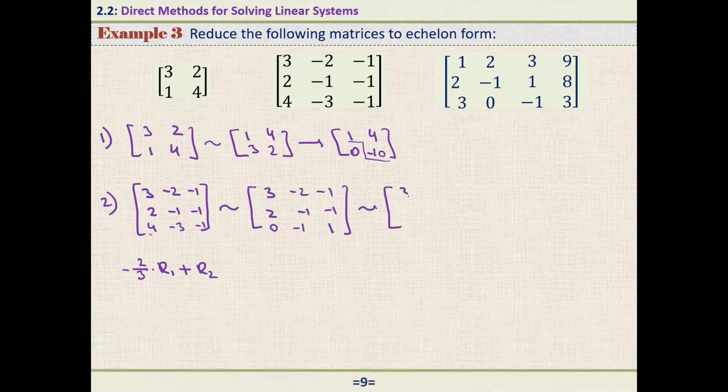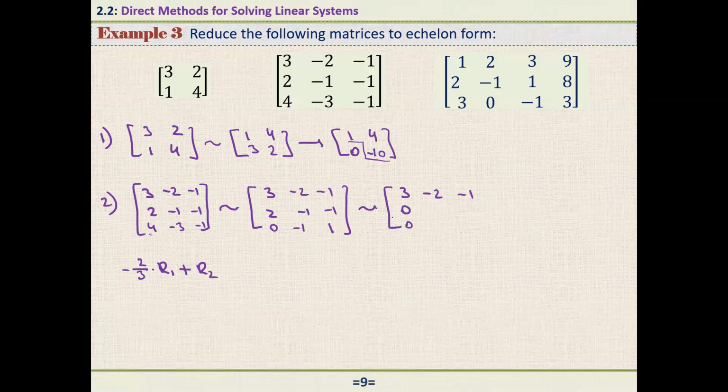So let me write the first row, 3, -2, -1, and if you multiply 3 by -2 over 3, that's equal to -2, and add it to this 2, here we have 0.